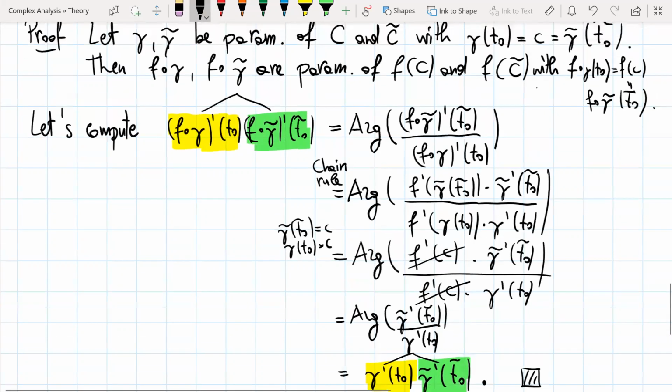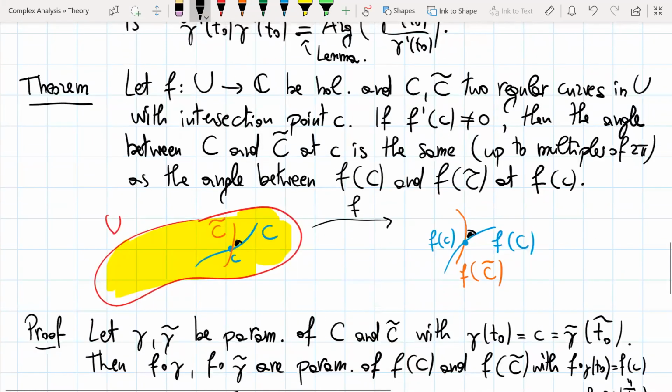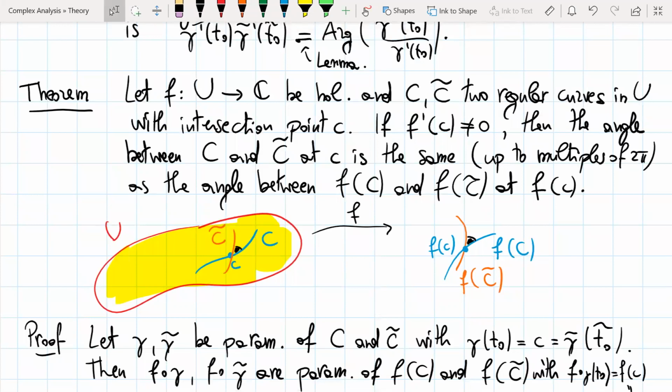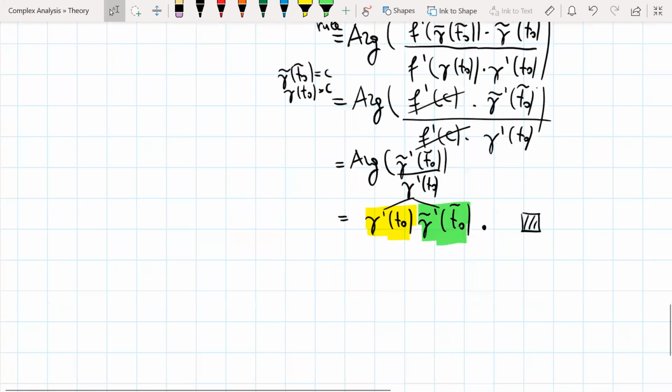So this theorem shows us that the function f preserves the angles, and to such functions, one gives the name of conformal functions.